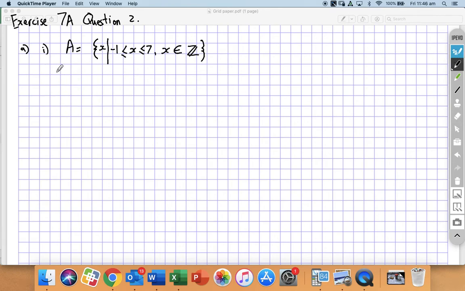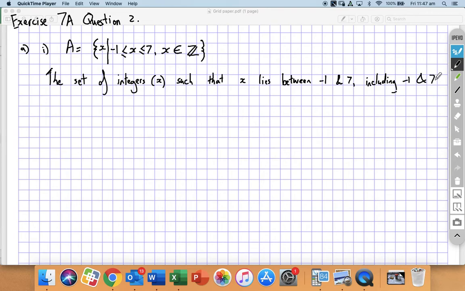So to write this as a sentence, we could say the set of integers as defined by X, so integers, i.e. X, such that X lies between, or you could just say X is between -1 and 7, and in our instance here it's including, because this is a smaller than or equal to, so we are including the -1 and the 7.